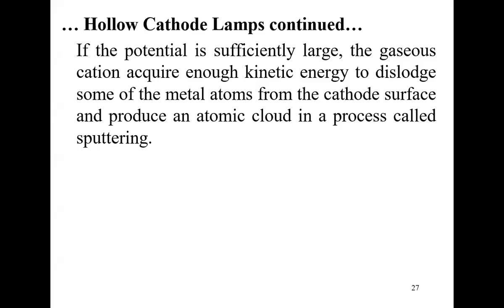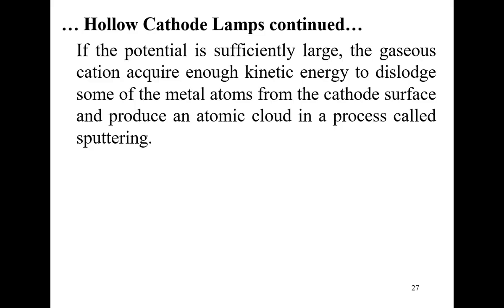And those are going to bombard, you can see here, and acquire enough kinetic energy to dislodge some of the metal atoms from the cathode surface. Remember, the cathode is made up of the matter of interest. So once you have enough current, the gaseous cations dislodge the metal atoms from the surface of the cathode.